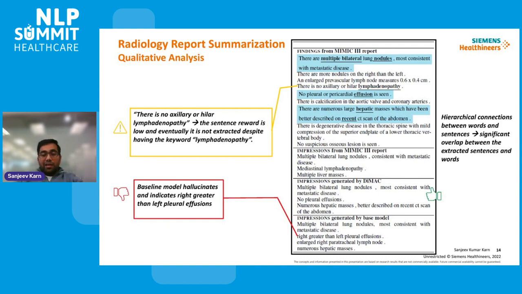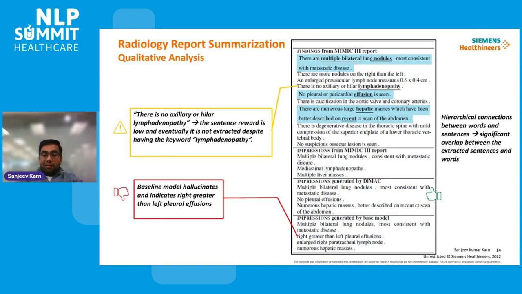We see that there are three sentences that are relevant for this particular report that the radiologist finds should be shared with the referring physician, and the DMAC system also finds those sentences and rewrites them, and the count is the same as the radiologist-written summary, but the baseline system has many more than what the radiologist felt were needed.